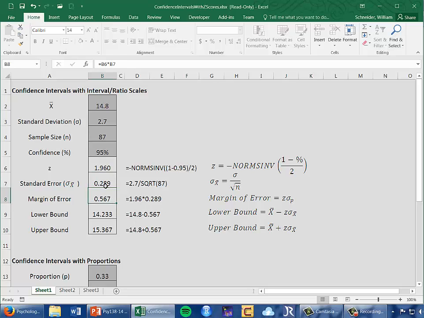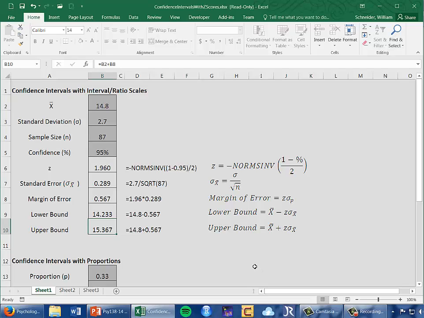And then we multiply this times this, and we're going to get that: our margin of error, 95% margin of error. We take our sample mean, subtract our margin of error, and we'll get the lower bound of our confidence interval. We take our sample mean and add the margin of error, and we're going to get our upper bound.